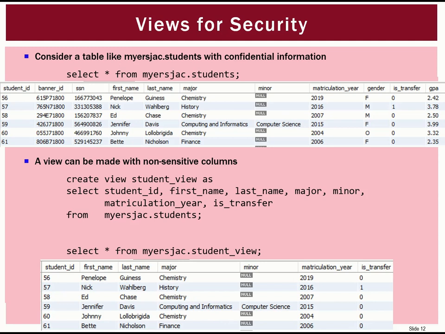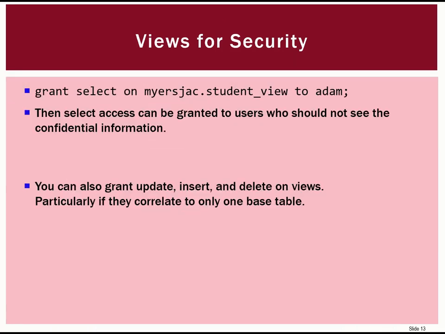So I would expose the student view to the entire population of the university so they can see the non-confidential information about students, and they will never know that the other fields exist. So then we can work at the view level and grant access on the view to a user, such as granting select to user Adam. Now Adam will only be able to see the fields that are publicly available.